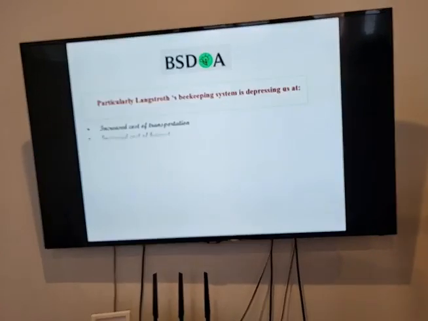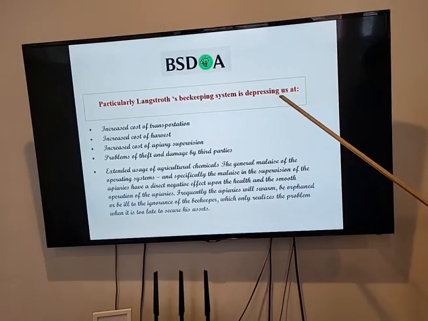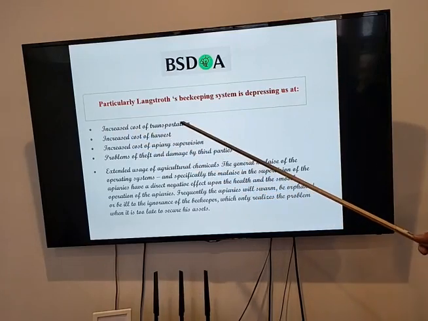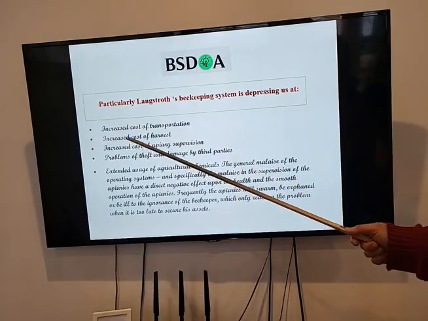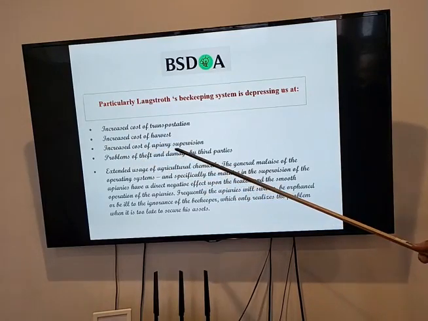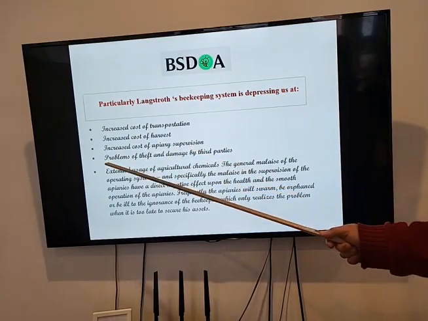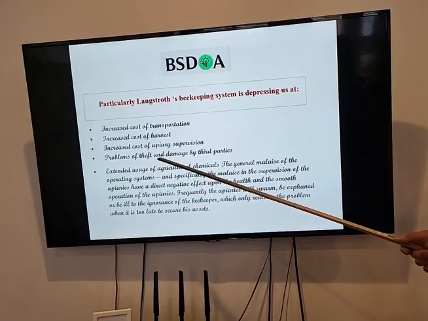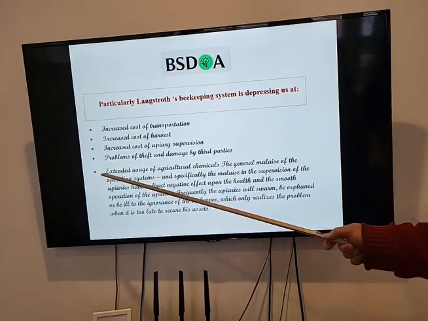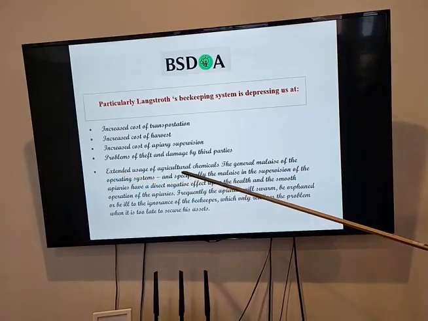Particularly, Langstroth's beekeeping system is depressing us. At first, increased cost of transportation. Second, increased cost of harvest. Third, increased cost of apiary supervision. Fourth, problems of theft and damage by third parties. Fifth, extending usage of agricultural chemicals.